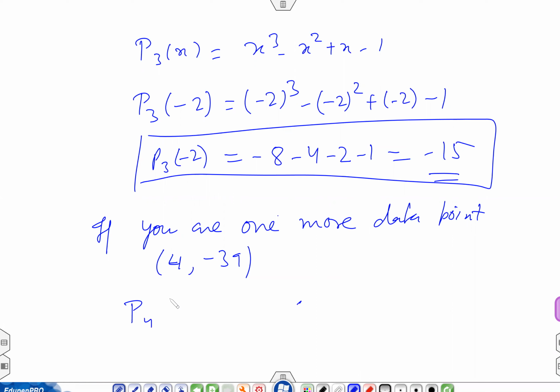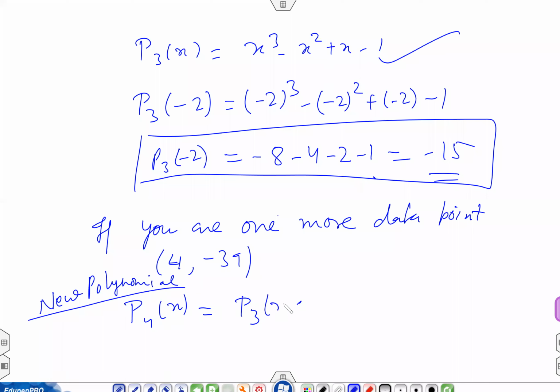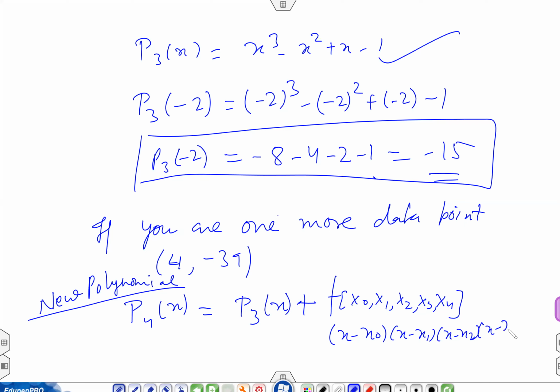So P4(x), the new polynomial obtained will be P3(x), whatever you computed already, plus the value of f[x0, x1, x2, x3, x4] into (x minus x0)(x minus x1)(x minus x2)(x minus x3).